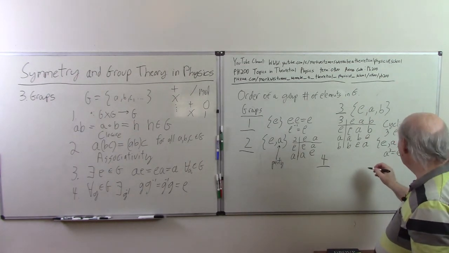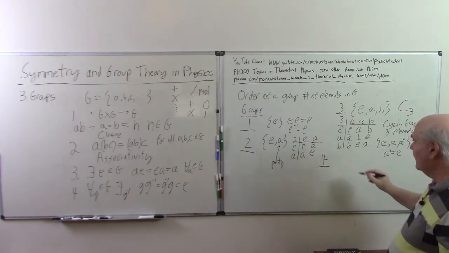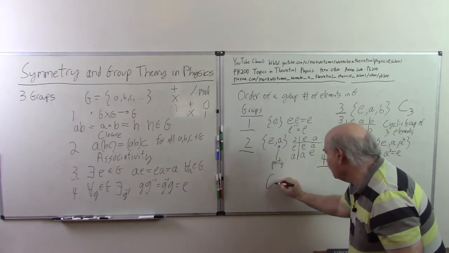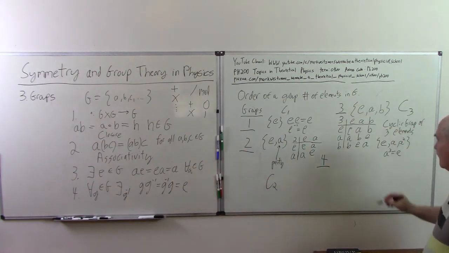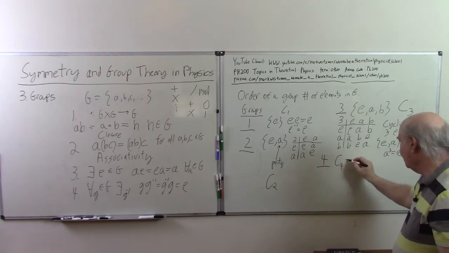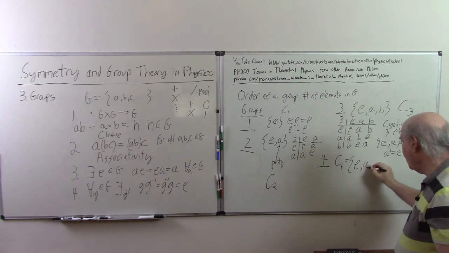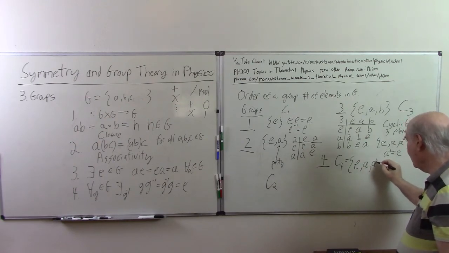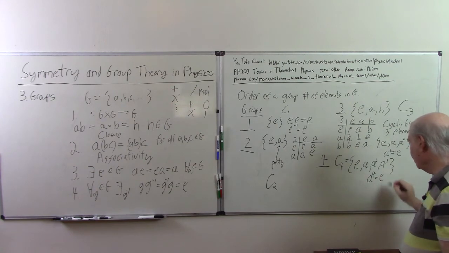The first one, usually I think we denote this by C3, and this is C2, and this would be C1. The first one is called C4, and this is equal to the set of E, A, A squared, A cubed, and the defining relationship is A to the 4th equals E.